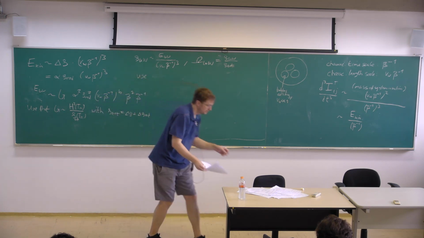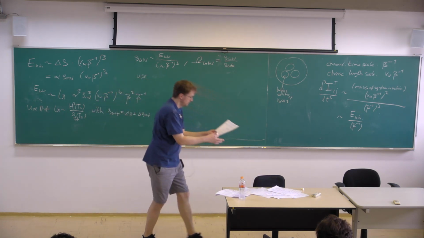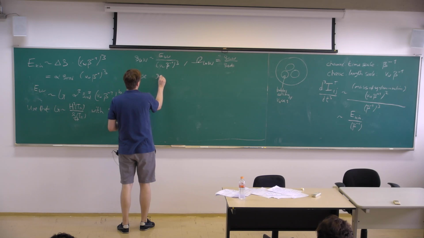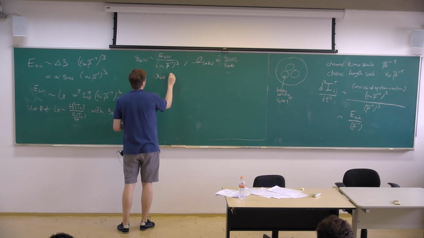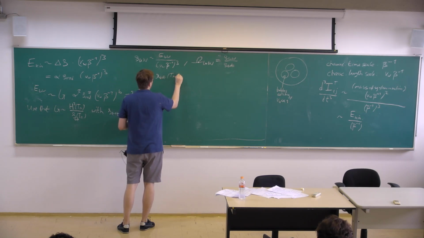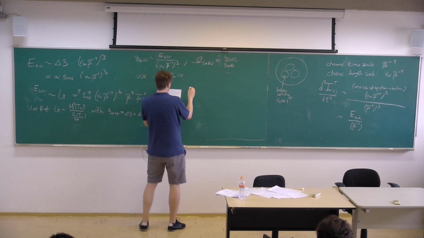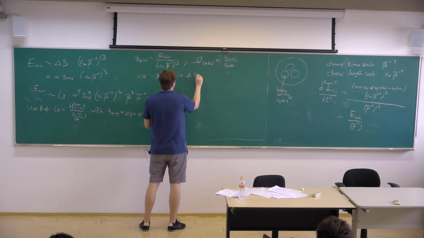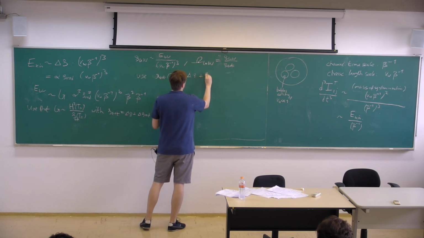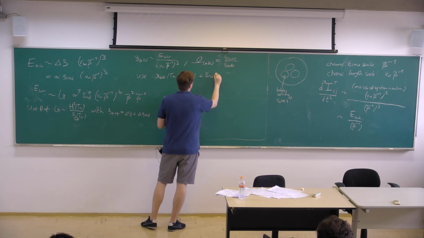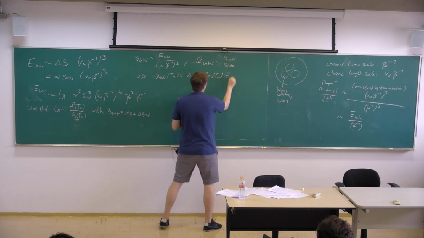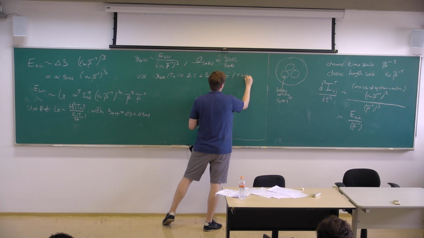Second, I can write the total energy density at the time of nucleation as delta rho plus the radiation energy density, and write this as 1 plus alpha.